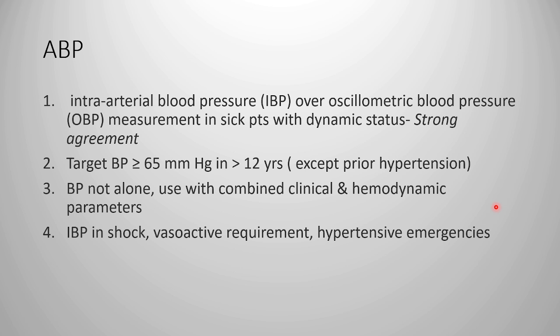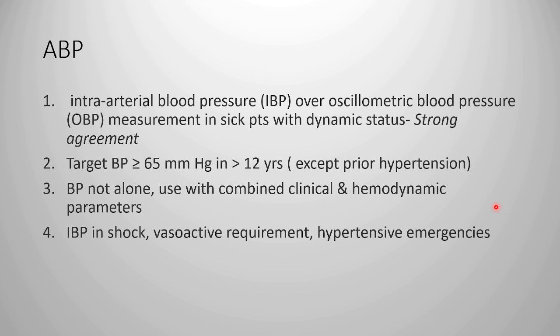So the other core thing that we monitor in an ICU setting for sick children is arterial blood pressure. Intra-arterial blood pressure is recommended over oscillometric blood pressure measurement, like the non-invasive blood pressure devices on the monitors, in sick patients who have a dynamic status. It's a strong agreement.